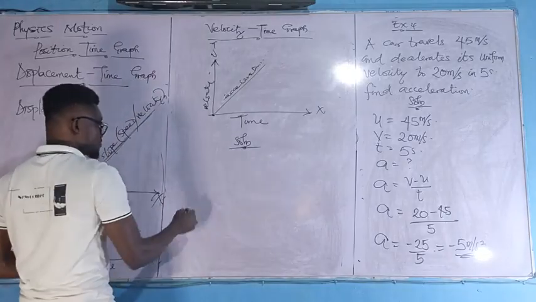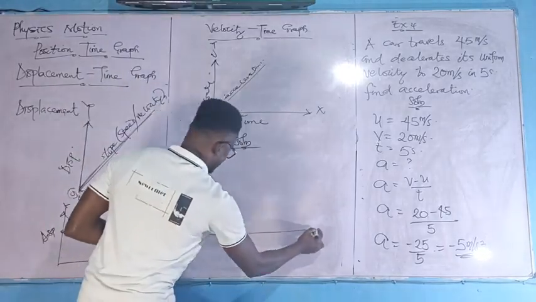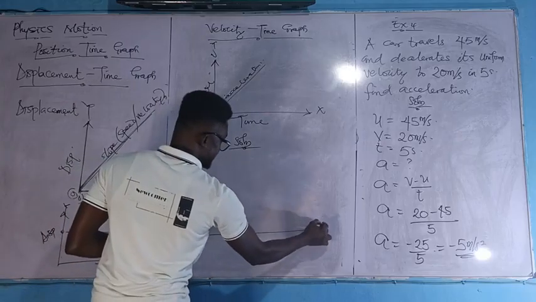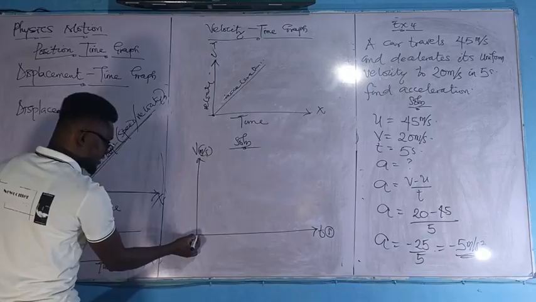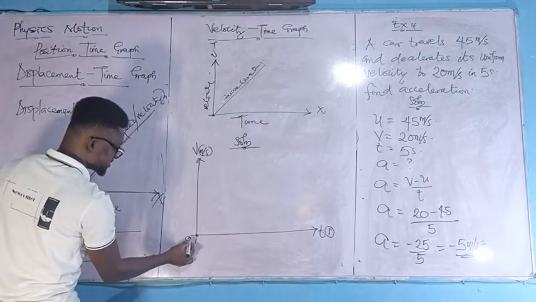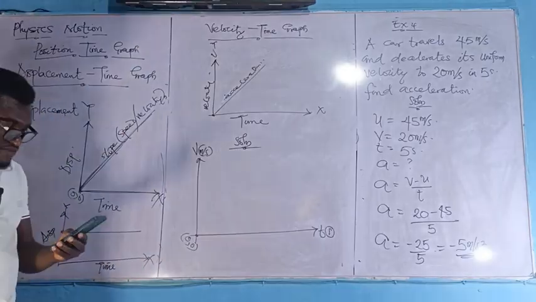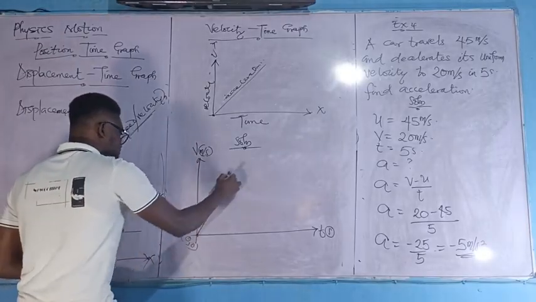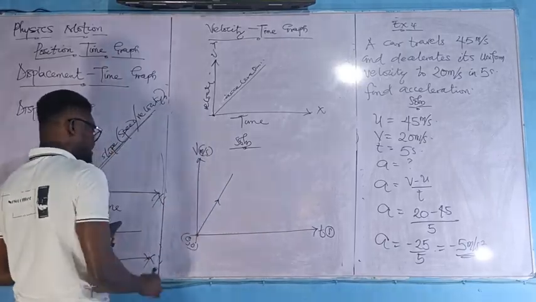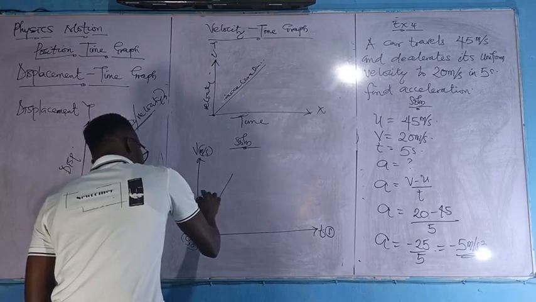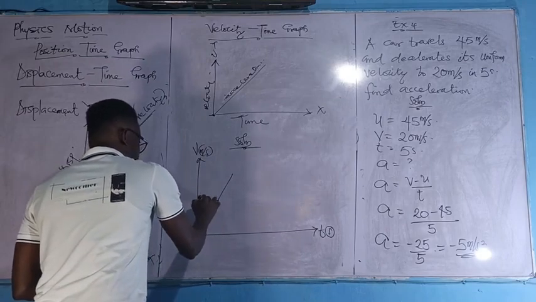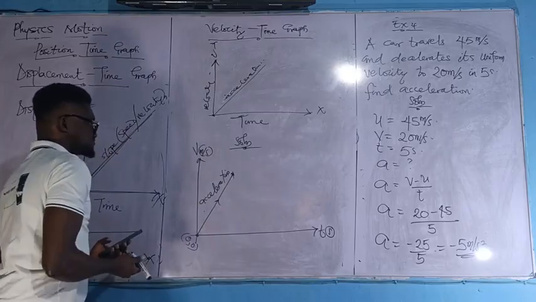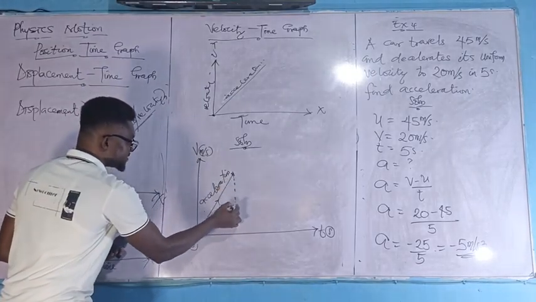If you go through what you've written, you have velocity against time. Velocity is measured in meters per second, and time is measured in seconds. Here is the origin, the rest position. The body starts moving from rest, so here we have acceleration, up to this point at time t1.